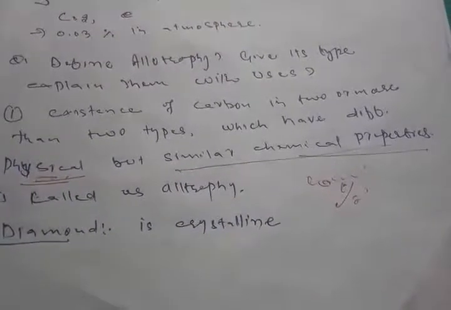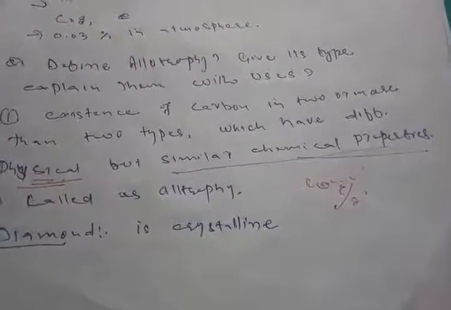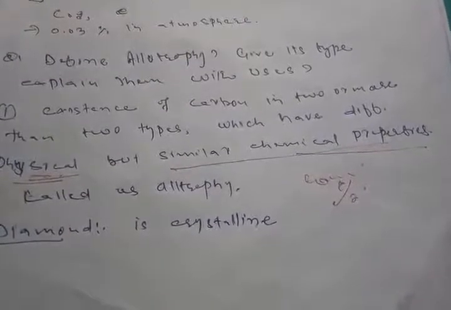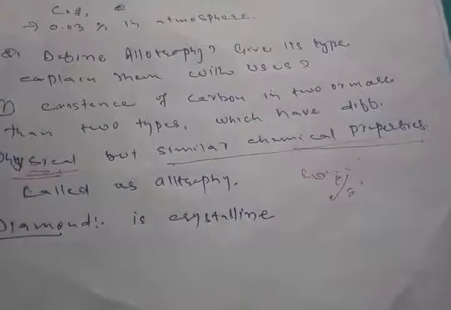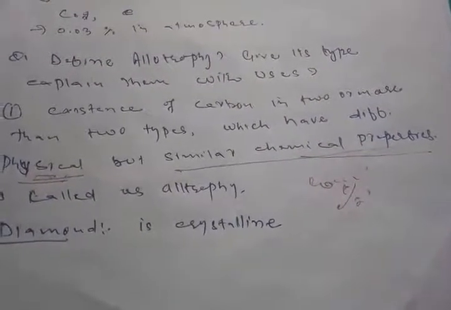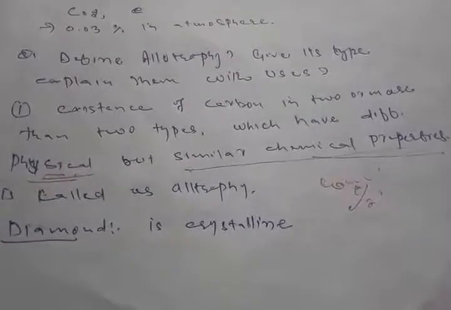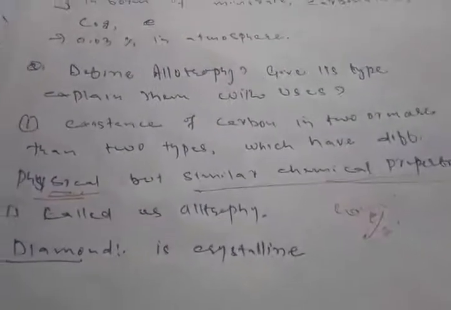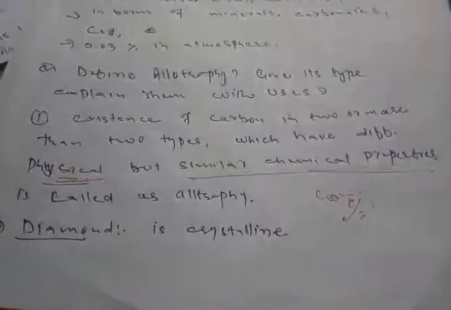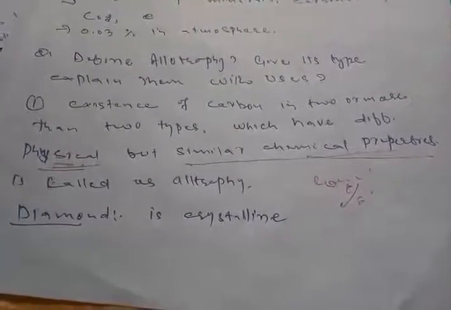But here the plants perform their activities to survive, to nourish themselves, and also provide food to humans, while animals are directly and indirectly dependent on these plants. So hence it is only the carbon which is present in plants as well as in animals with different physical but similar chemical properties.